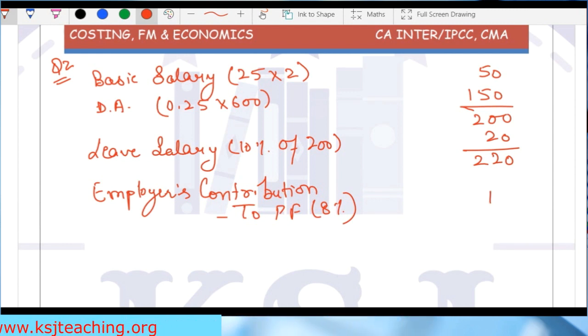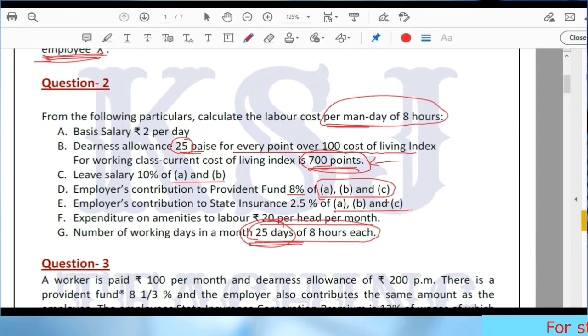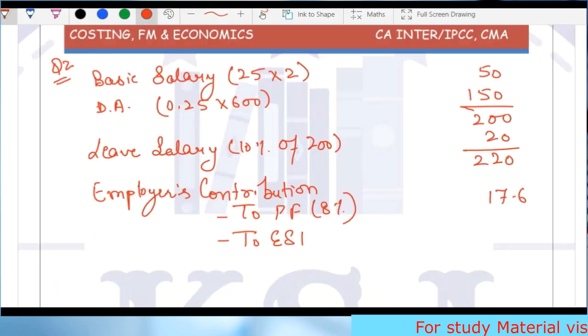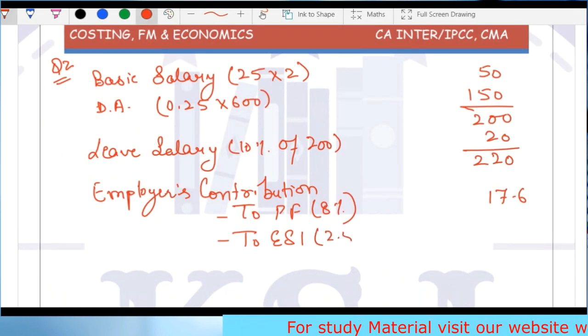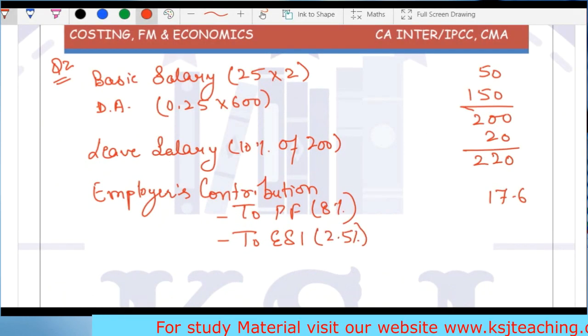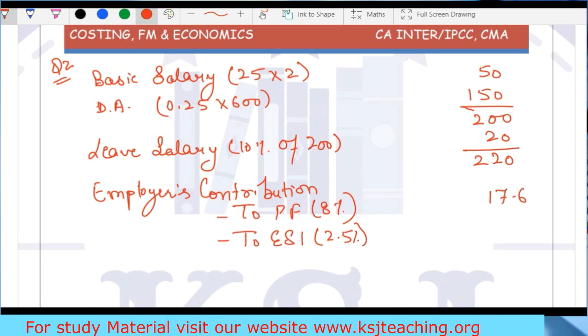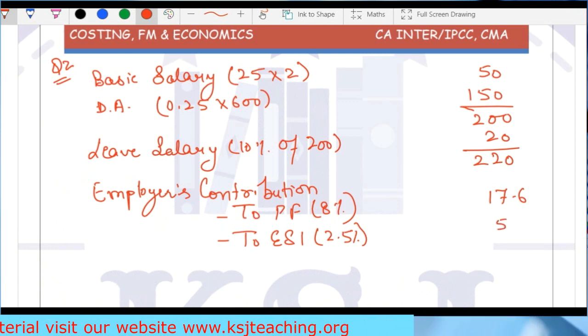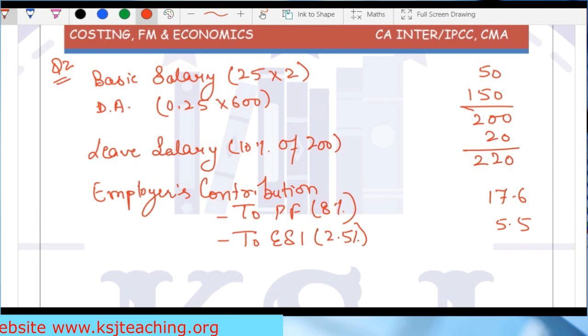That comes to 17.6. And to ESI, it is given as 2.5% of A, B and C. That means 2.5% of 220. That comes to 5.5. Clear?